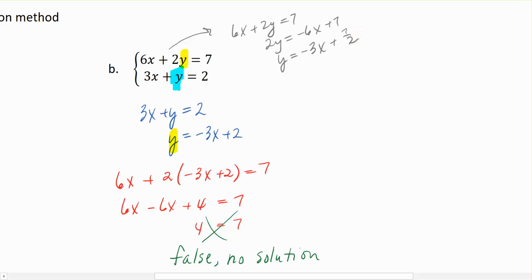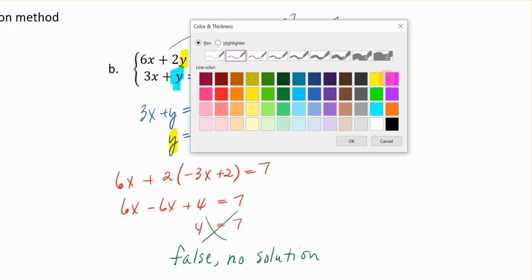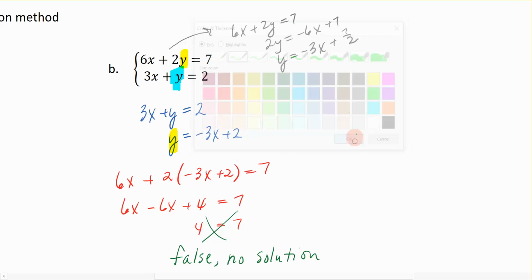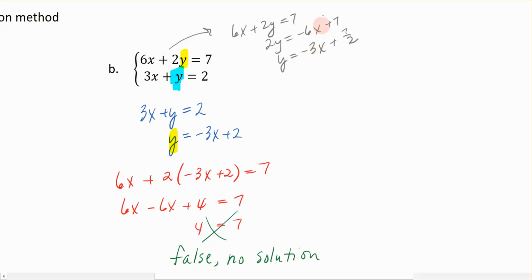What I hope you remember is that this is the slope of one line, this is the slope of the second line, and because the two slopes are exactly the same, that means the two lines are parallel. So same slope means parallel lines.